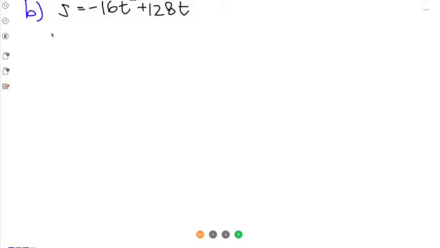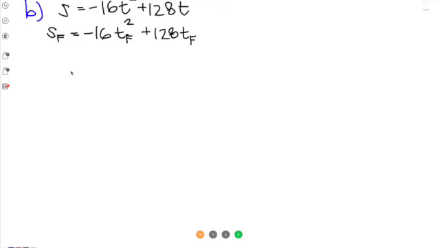So in terms of the final position, let's say SF, the final position, we have negative 16tf, the final time, plus 128tf as well.